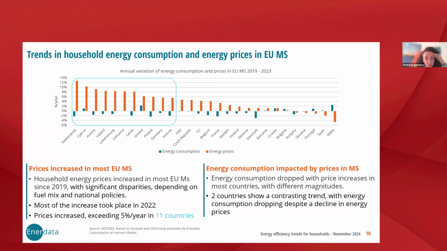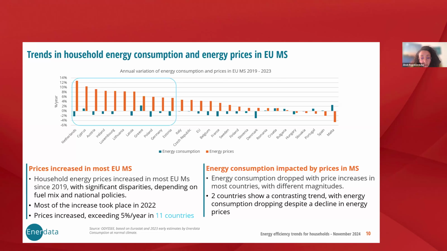So it's the increase in prices, as we saw on the slide earlier. So this happened at EU level and also at EU member state level. And the increase in prices happened with, of course, different magnitudes, which are explained by differences in fuel mixes and national policies. So the second observation is that this increase in prices had a significant impact on energy consumption.